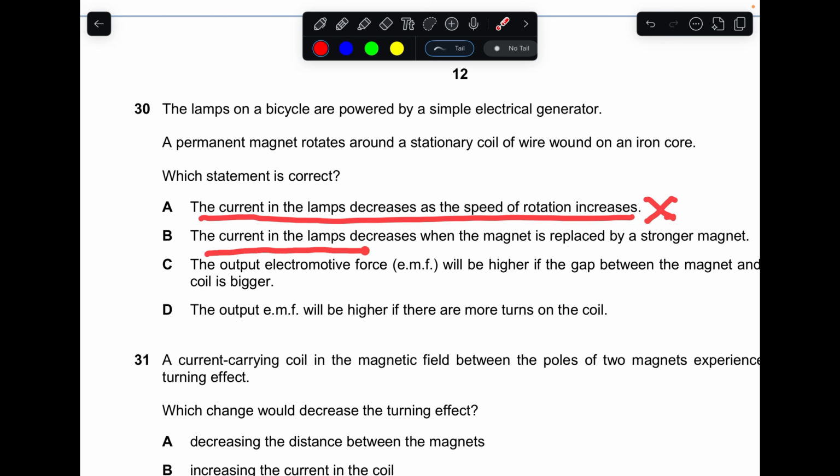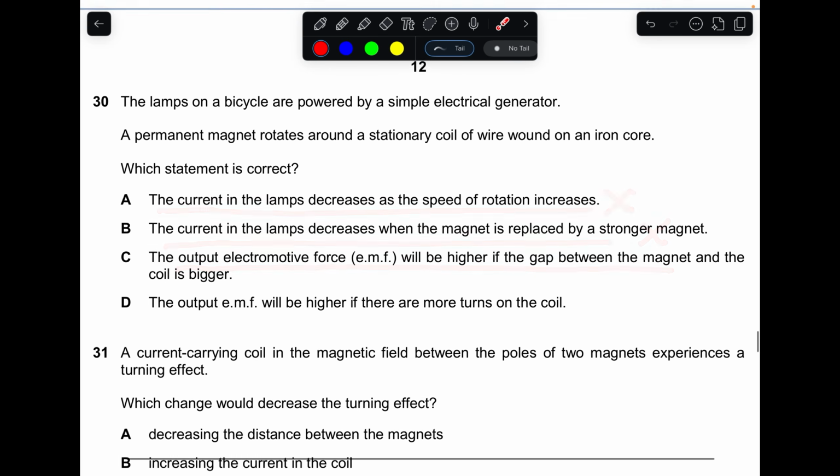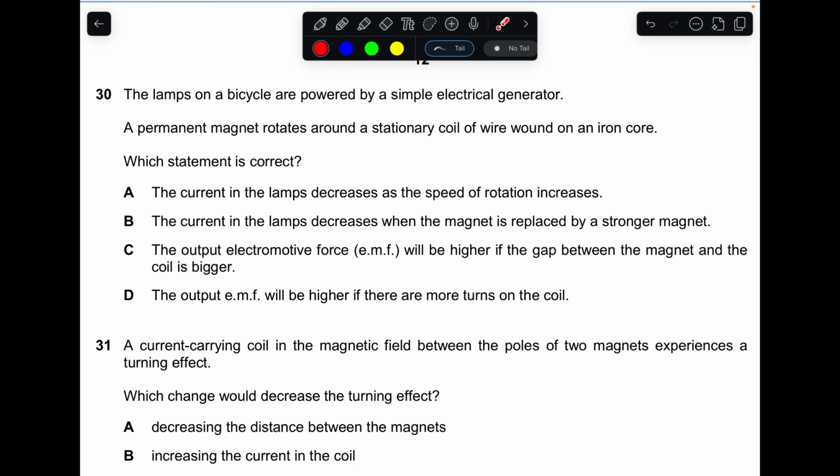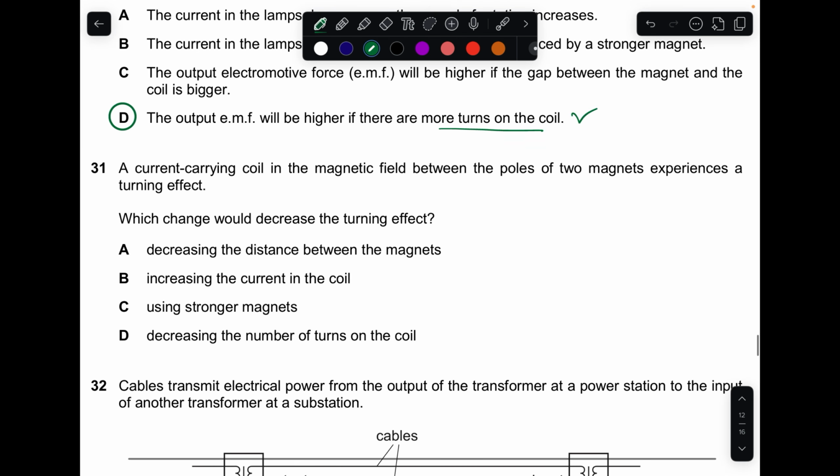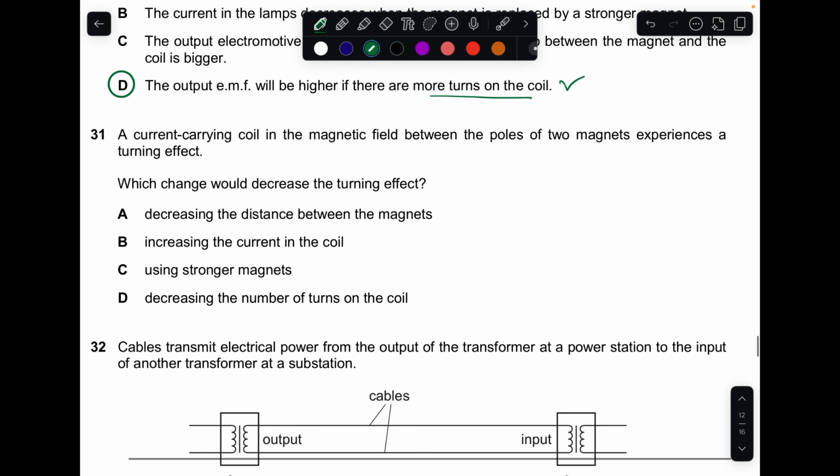The current in the lamp decreases when the magnet is replaced. No, it is the other way around. The output electromotive force will be higher if the gap between the magnets and the coil is bigger. No, this is the opposite of it. So we are only left with one option, that is D. The output EMF will be higher if there are more turns on the coil. Yes.